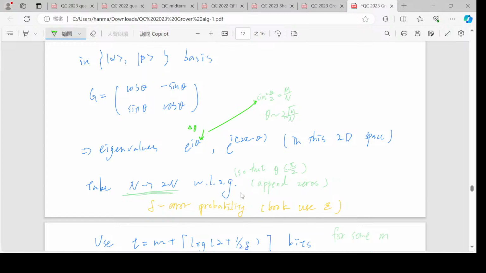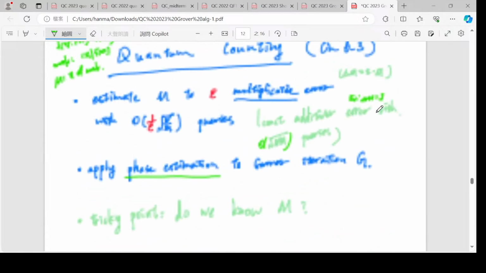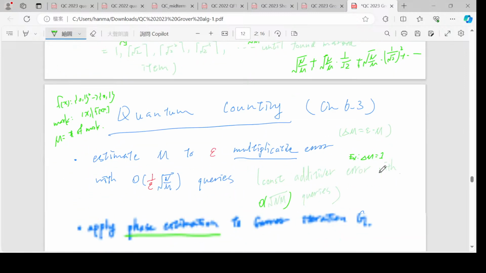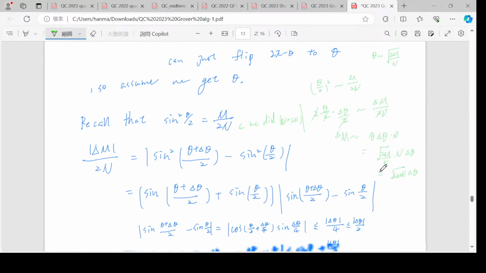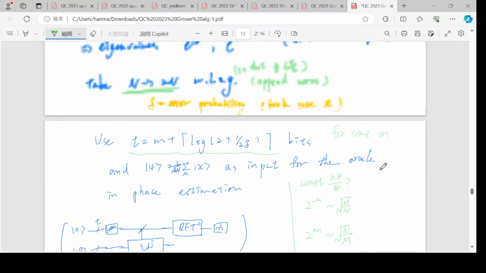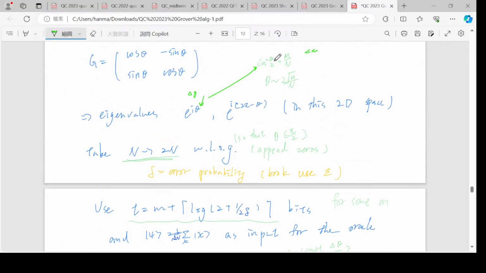Then we do a whole bunch of calculations to see how that delta theta affects the delta m you have. Remember, delta m should be your epsilon times m, an additive error to your m. So we transform the errors back and forth. That's the high level idea.